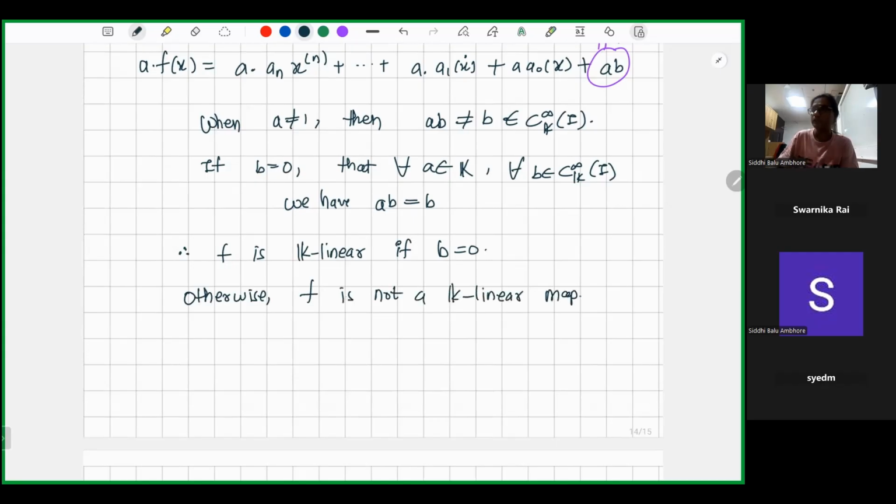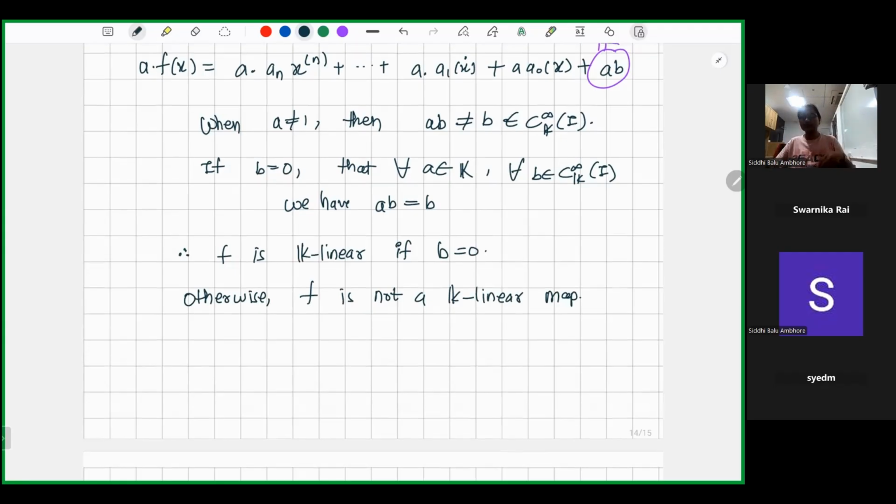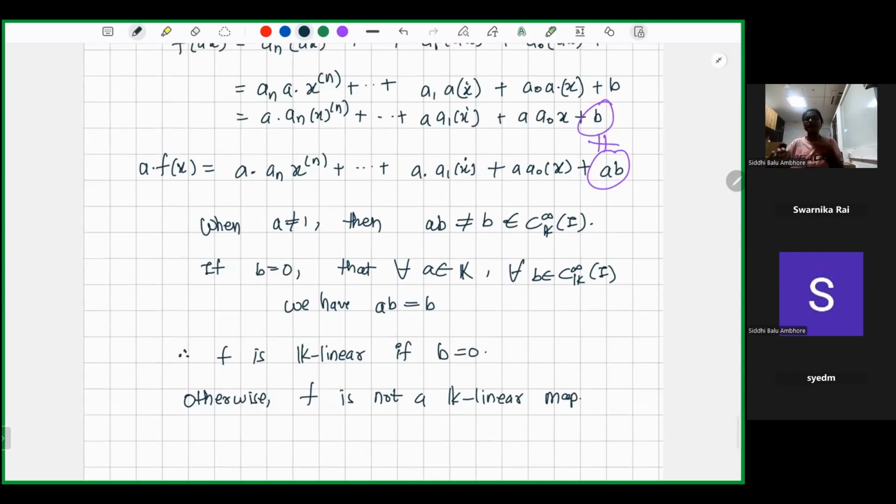Is this okay? So this is a function, everything is a function. This is a product of functions.